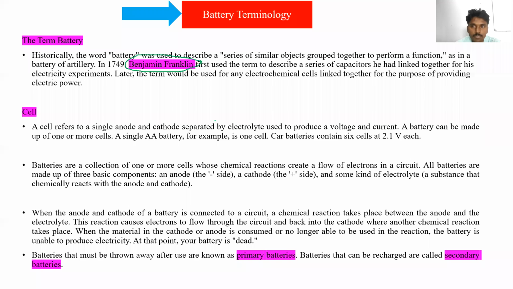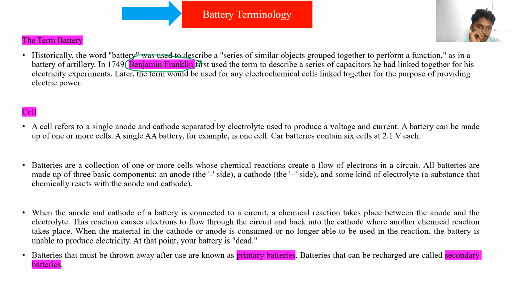For example, if each cell has 1.5 volts and you want to make a 6 volt battery, we have to take 4 cells, 4 into 1.5 is 6, and these 4 cells are connected in series. Then we can obtain 6 volts. So the combination of these 4 cells can be called a battery.